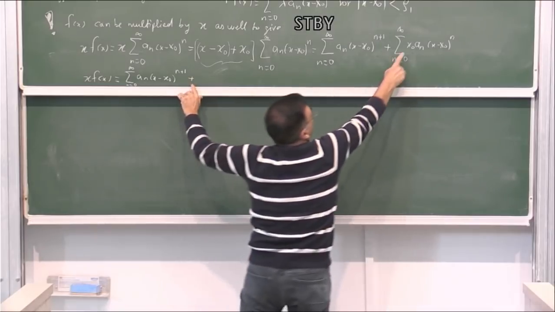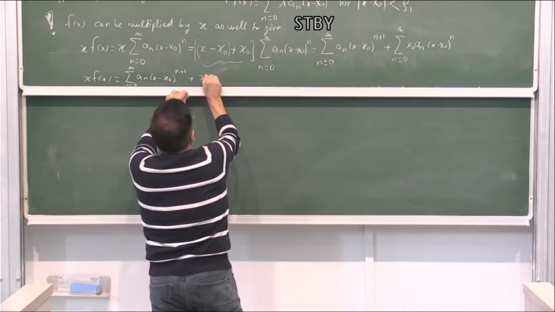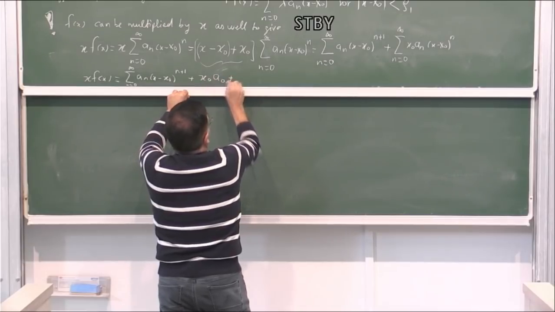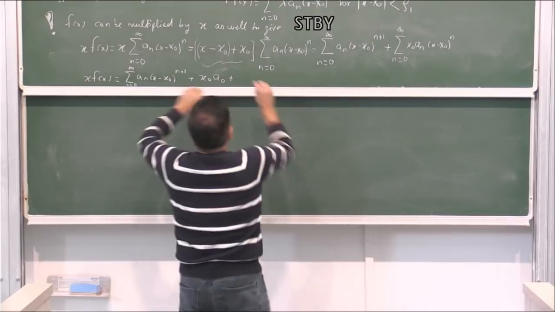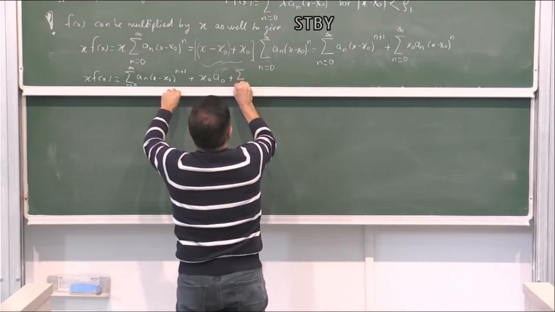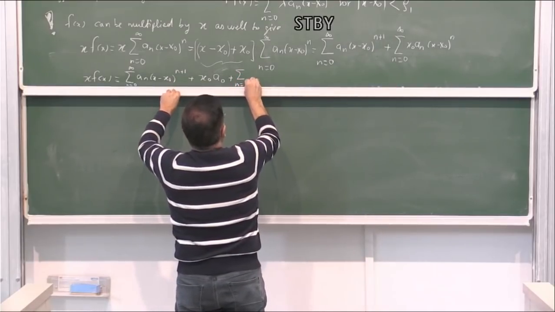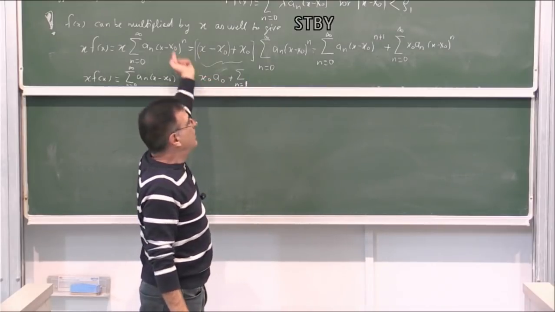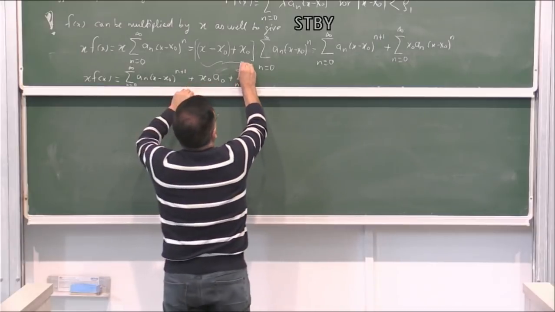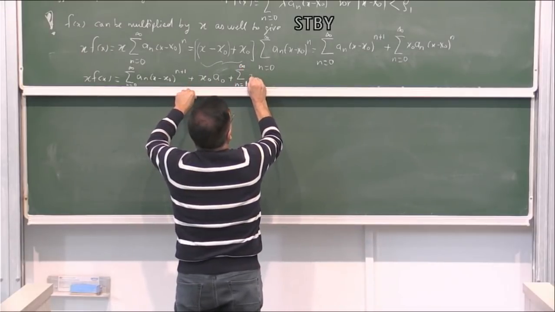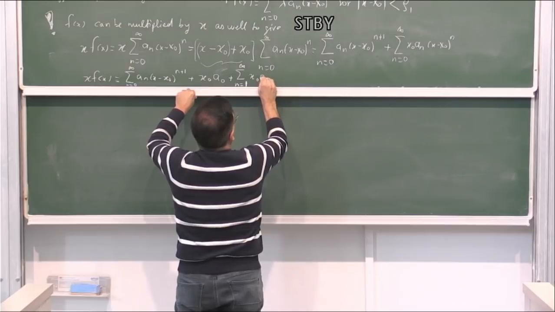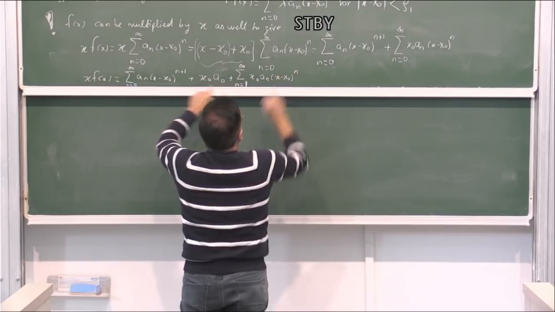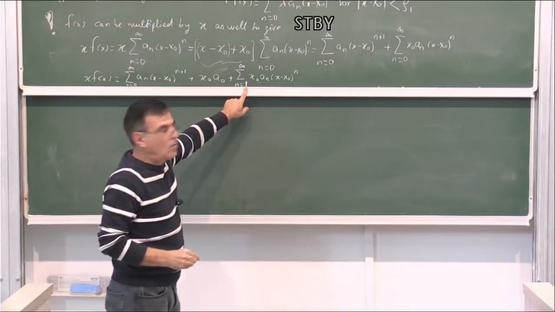What is the first term in this sum? x0 a0, plus the remaining is a series starting from 1. Good. The first term is written separately. So this is written as x0 an x minus x0 to power n starting from 1.